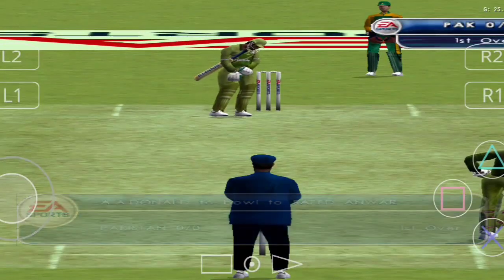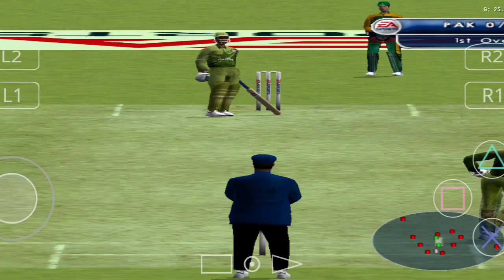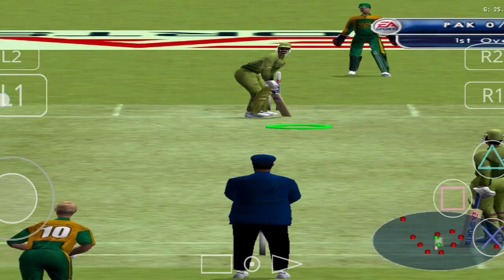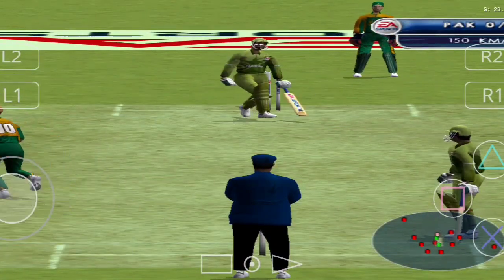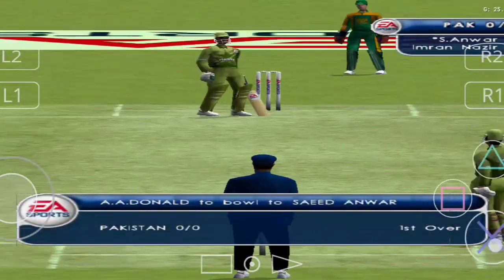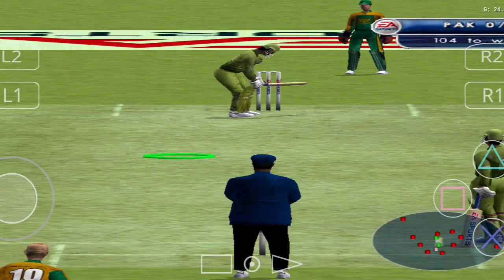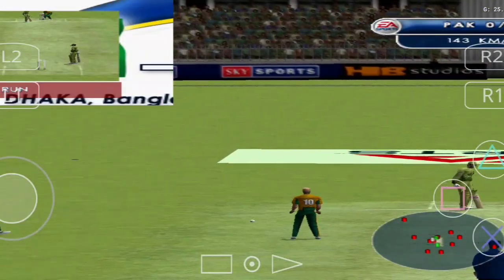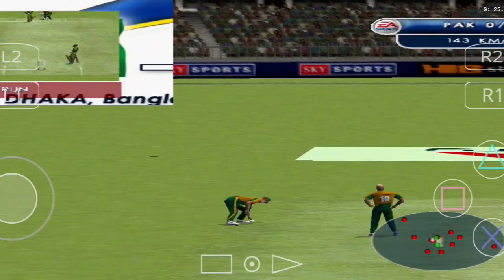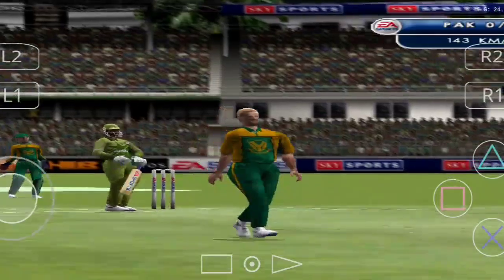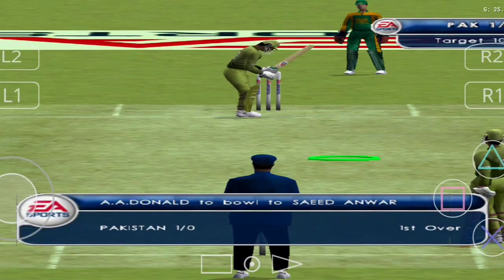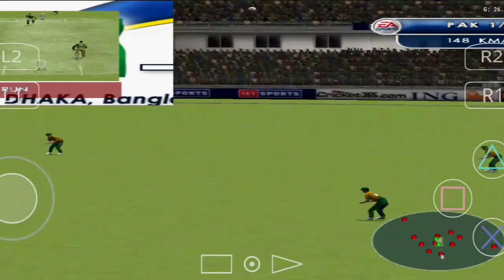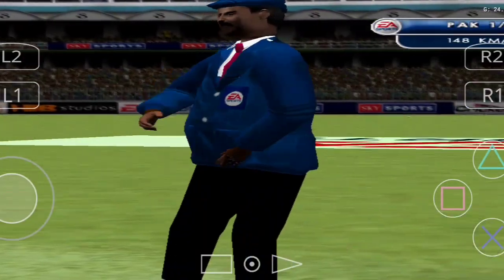So they need 104 to win from 60 balls. First boundary for Saeed Anwar.